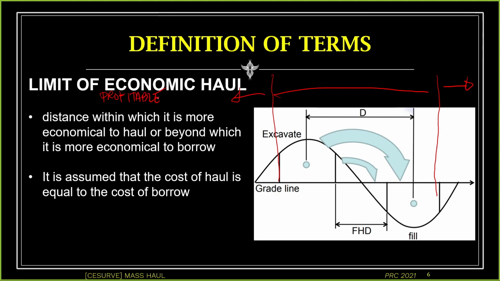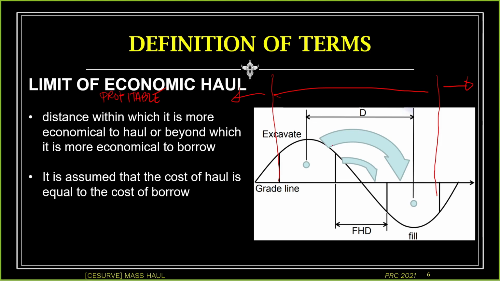Limit of profitable haul is basically the distance within which it is more economical to haul, or beyond which it is more economical to borrow. It is assumed that the cost of haul is equal to the cost of borrow.